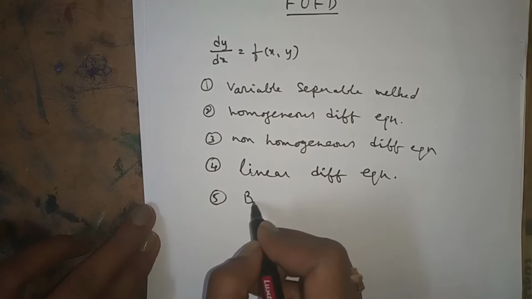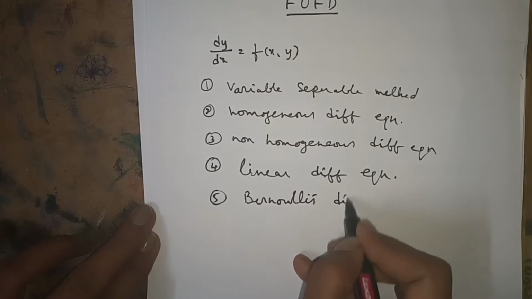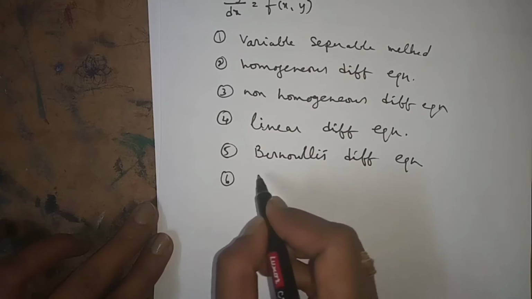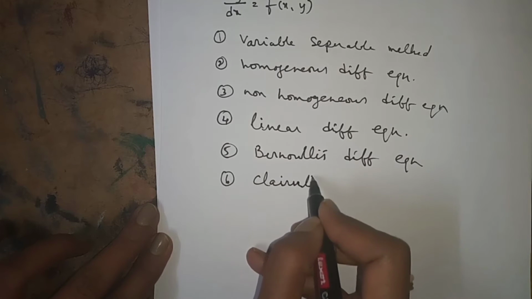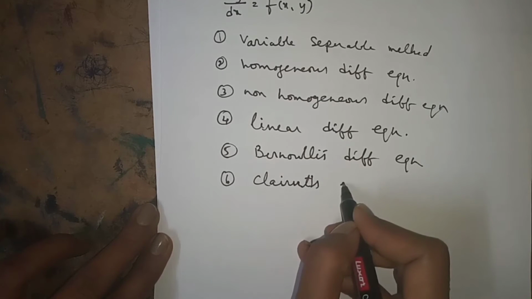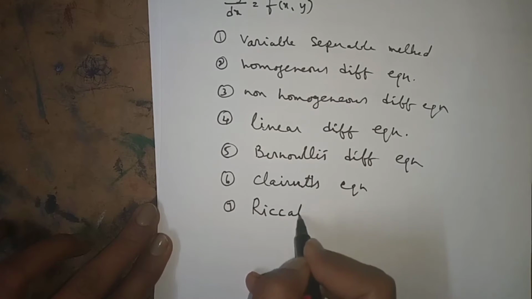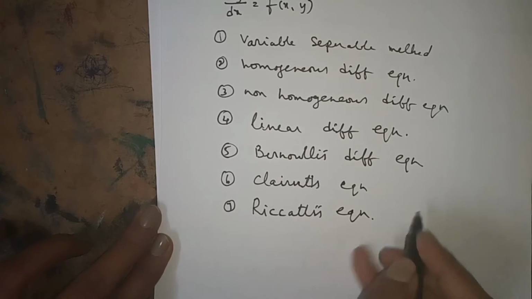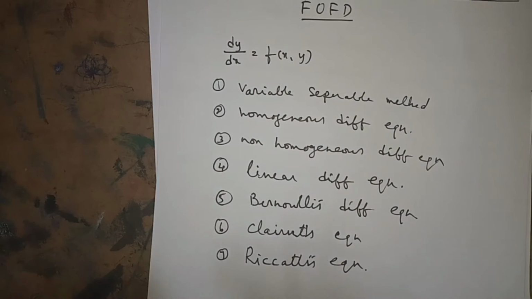The fifth one, Bernoulli's differential equation, the sixth, Clairaut's equation, and the seventh one, Riccati's differential equation.